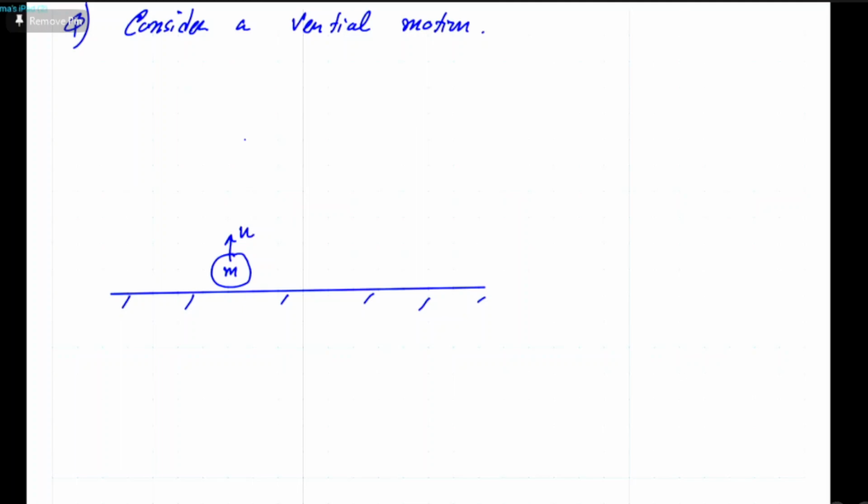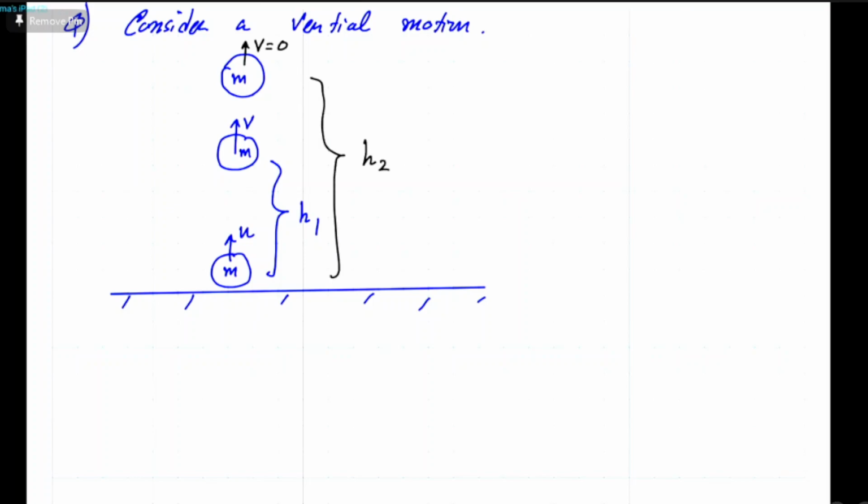Then when it comes here, its velocity is v, still m, and this height is h1. When it comes to here, you will see that the velocity becomes 0. This height becomes h2.